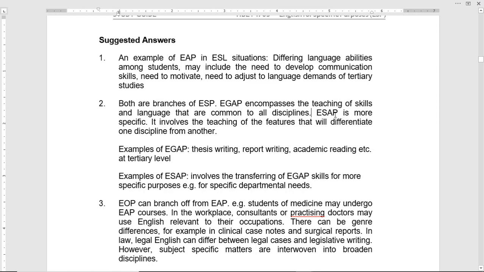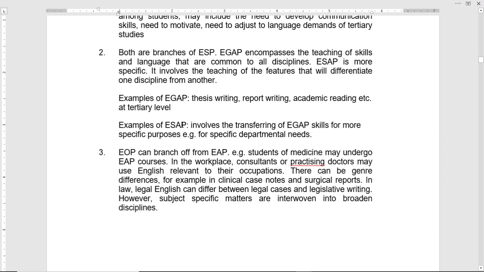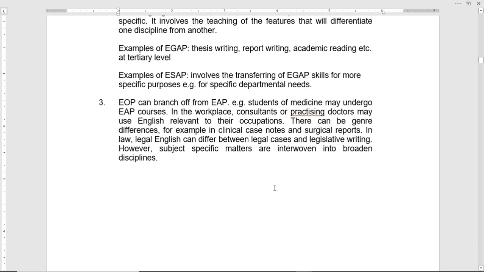But ESAP, specific academic, is more specific. For example, EGAP means thesis writing, report writing, academic reading at the tertiary level. But ESAP involves the transferring of EGAP skills for more specific purposes, specific departmental needs, English for statisticians, for example.